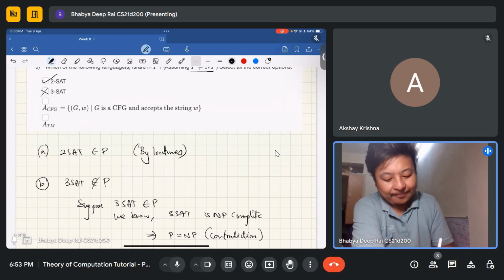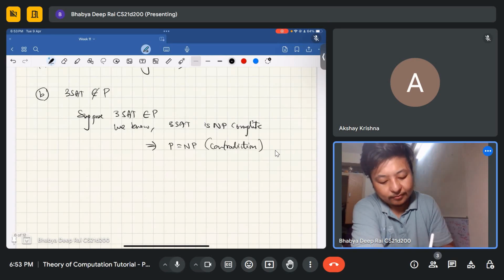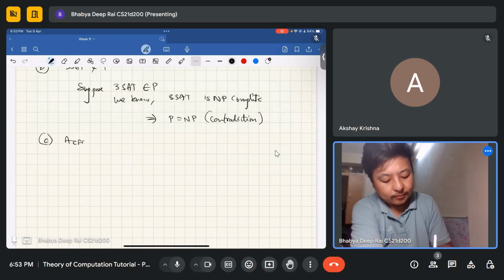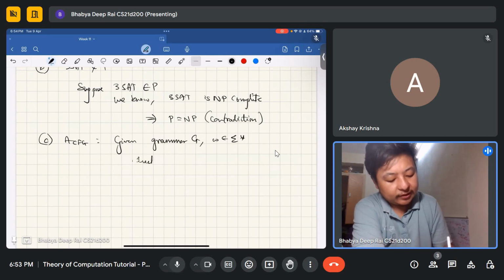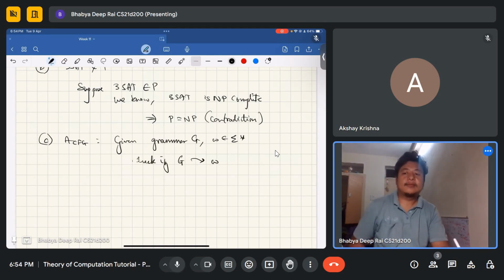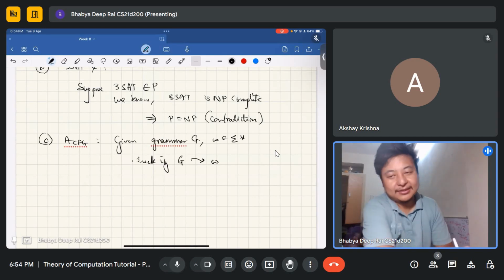Finally, A_CFG is the set of pairs G, W such that G is a CFG which accepts the string W. Given grammar G and string W, check if G generates W. But this is familiar, right? We did this in the context-free languages section.